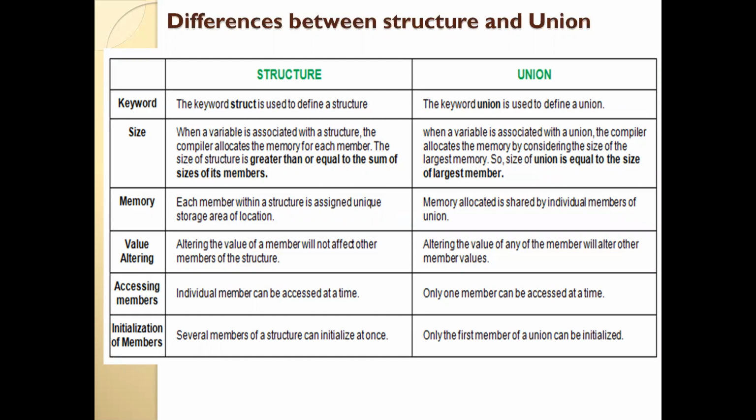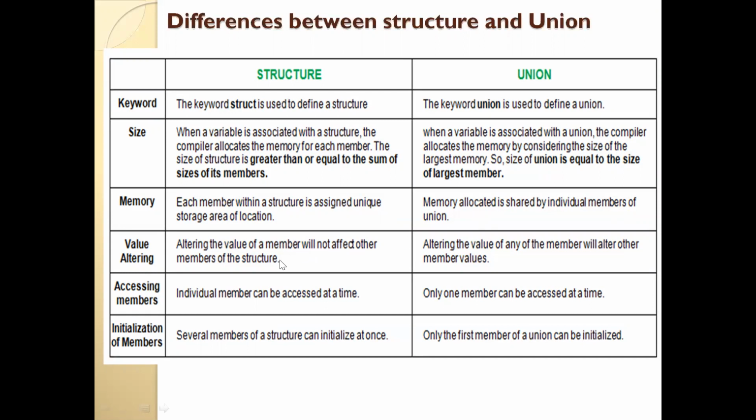So compared to structure, union takes less memory. In a structure, for each and every member the memory will be allocated, but in a union the memory will be allocated for only one member, and all the members will share the same memory.